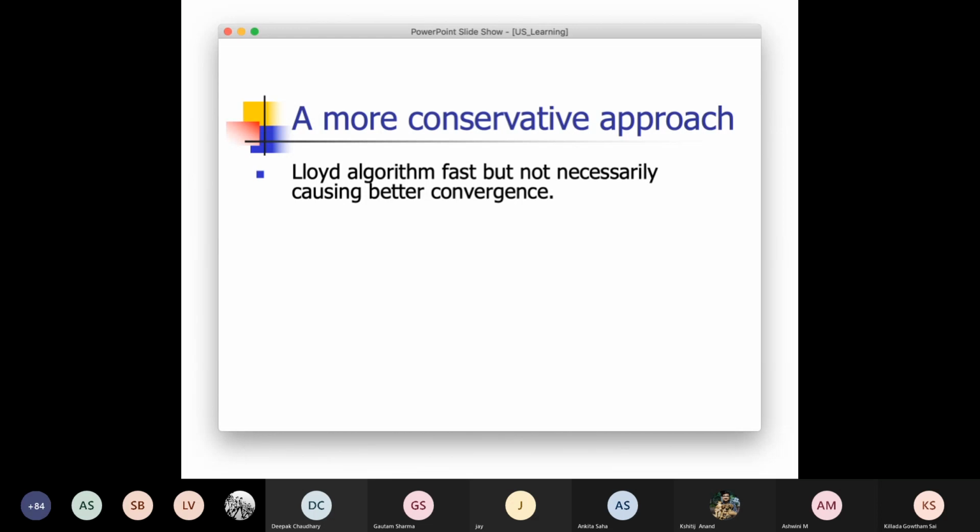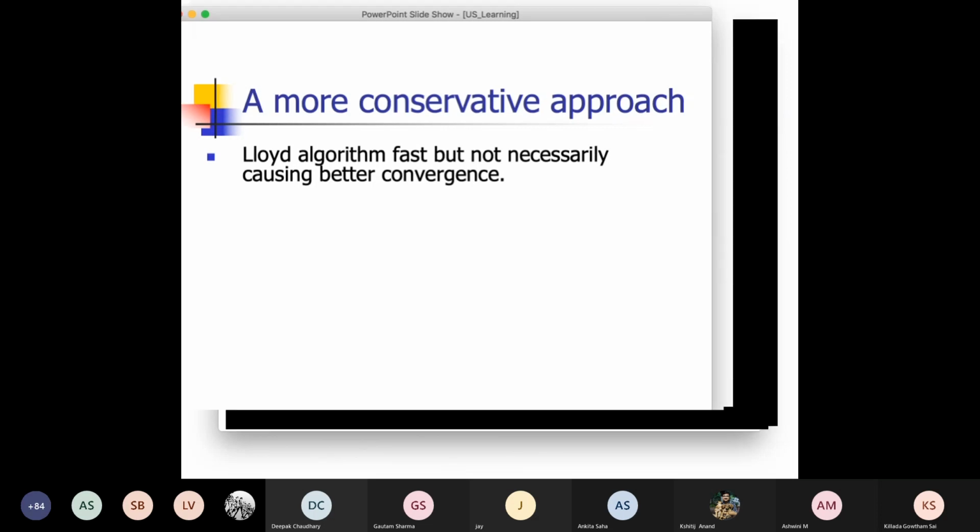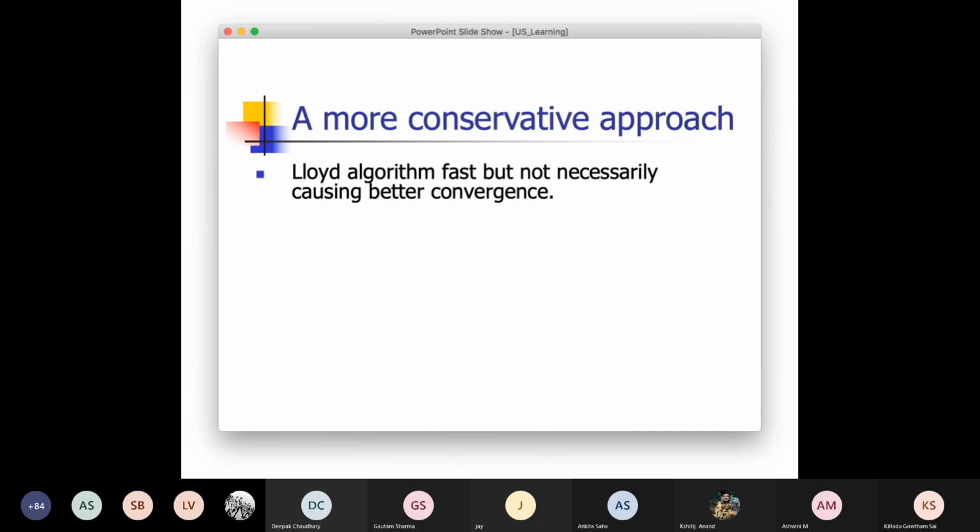Now, when we are doing this convergence, it is a fast algorithm, but it is not necessarily causing better convergence. A conservative approach would be, as Gautam inadvertently answered, to take one data point and then update. There is actually an approach for that.